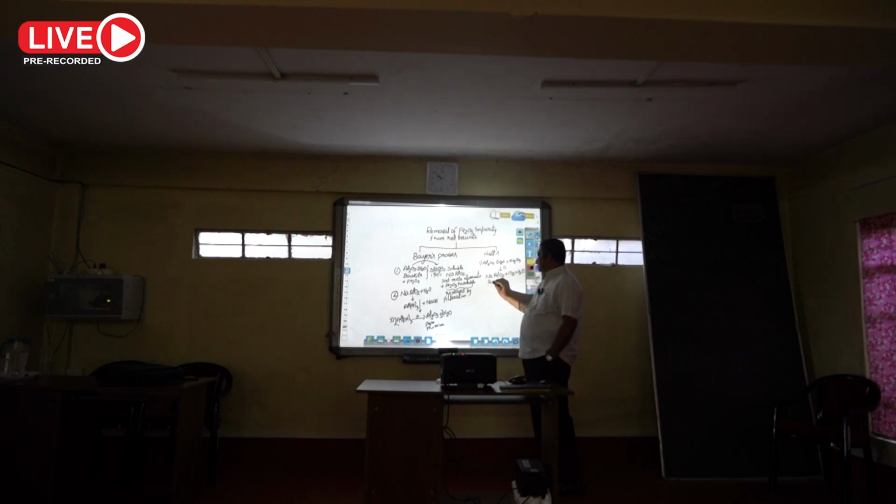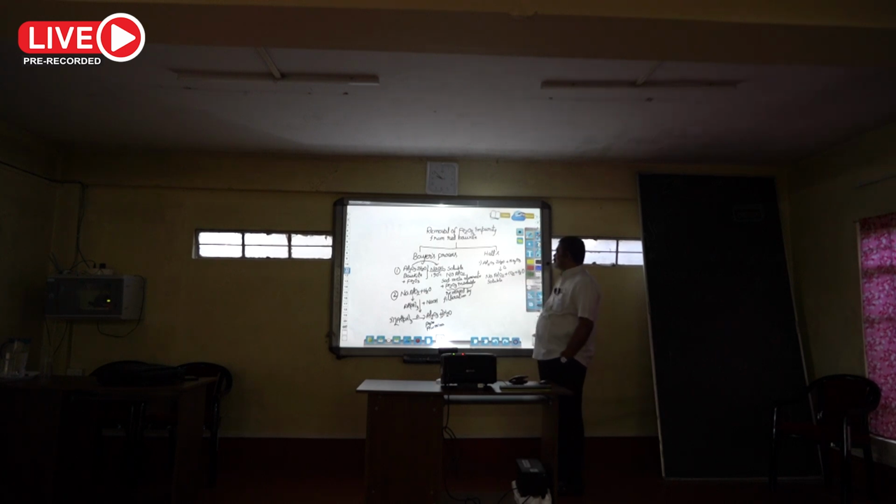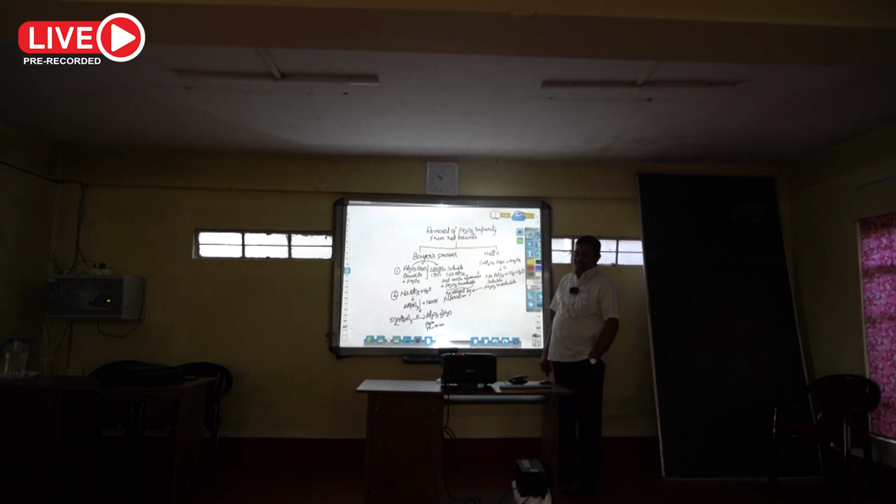This is soluble. Fe2O3 will remain insoluble here again. How can the insoluble be separated? By filtration. This is step 1.